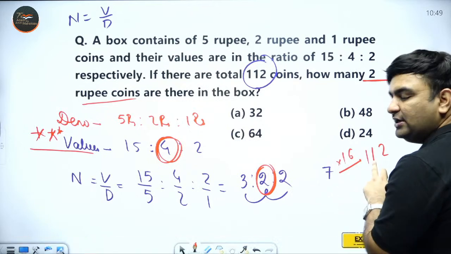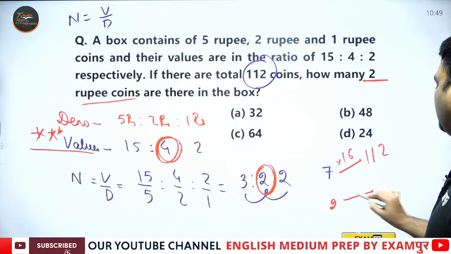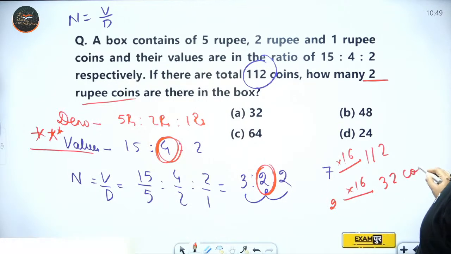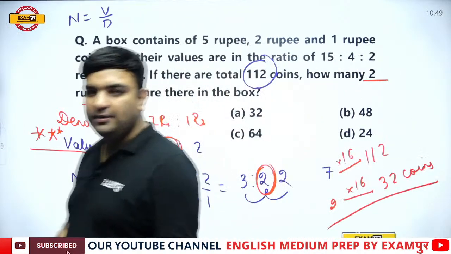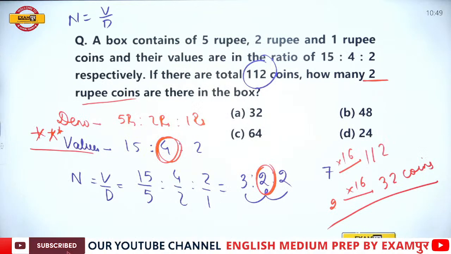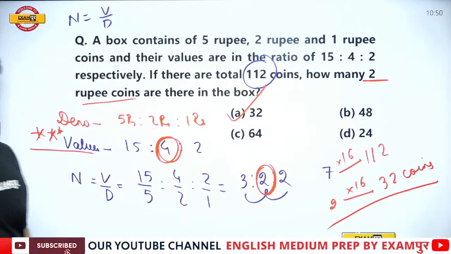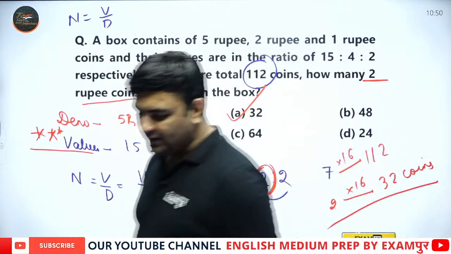So if 7 is equal to 112, then 2 is equal to 32. Because they are asking the number of coins, the answer would be 32. Okay, got it. Perfect.